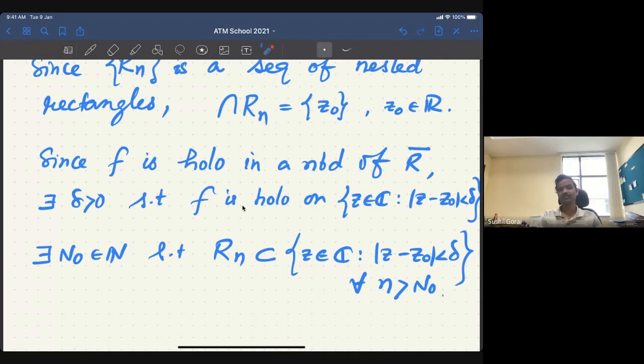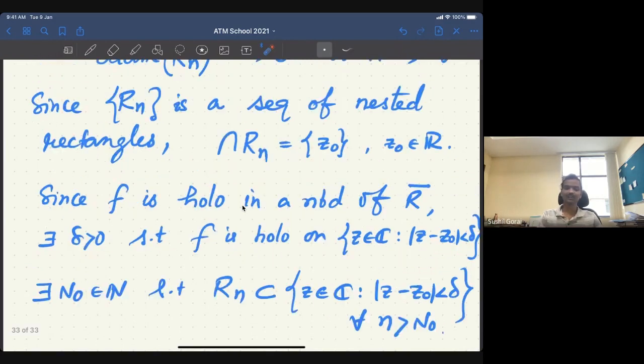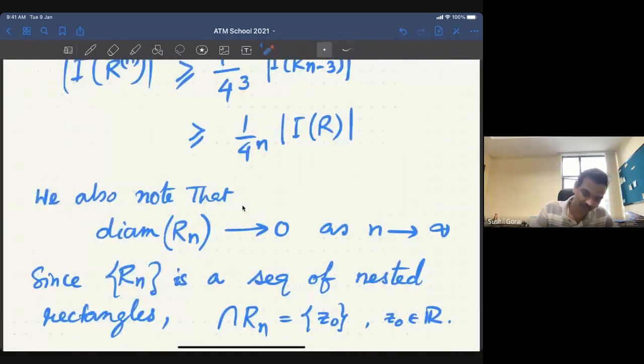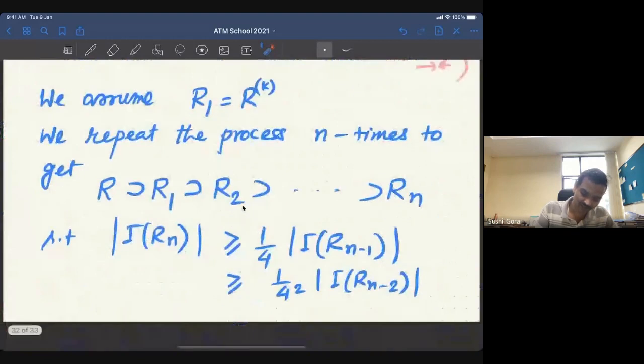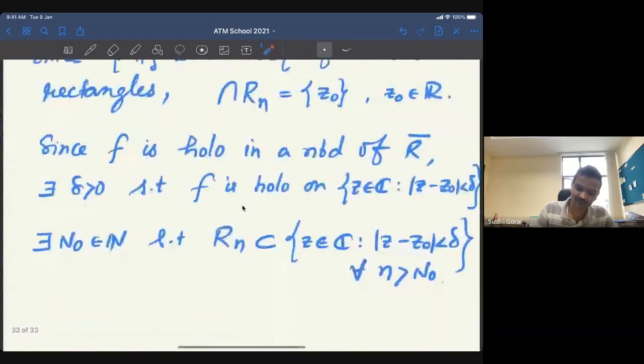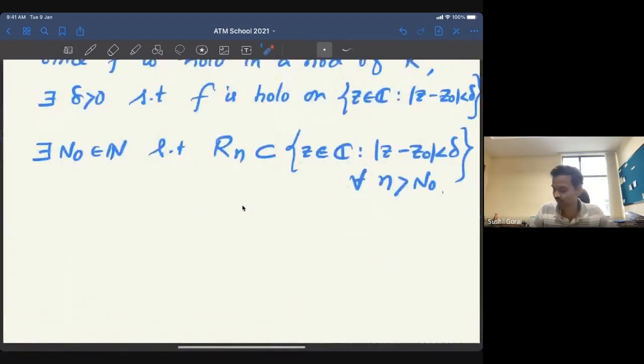Right? That's what we did. Because this intersection is only Z0, and you have this property, which I have not mentioned here, but it was there: the decreasingness. That gives you this one.